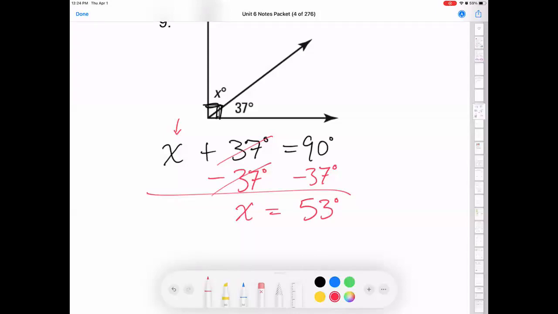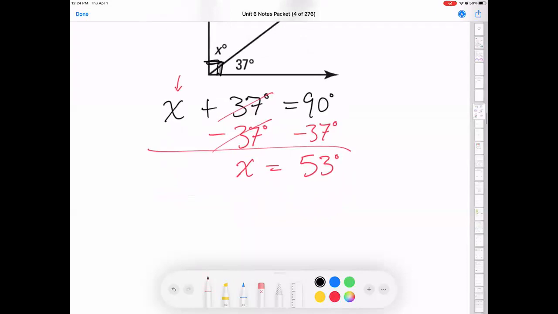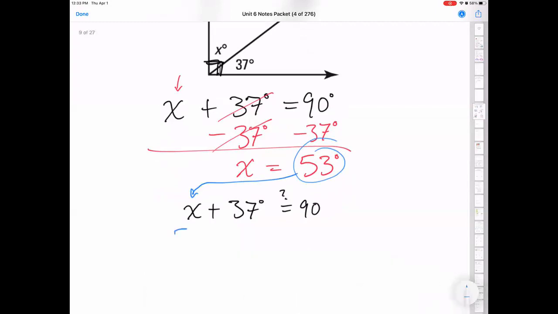And then as always, guys, we have to do our check. So x plus 37. Does this in fact equal 90? Well, we know what x is. It's 53. And so now when we plug in our 53 degrees for our check, we're checking to see, does this left side in fact match the right?